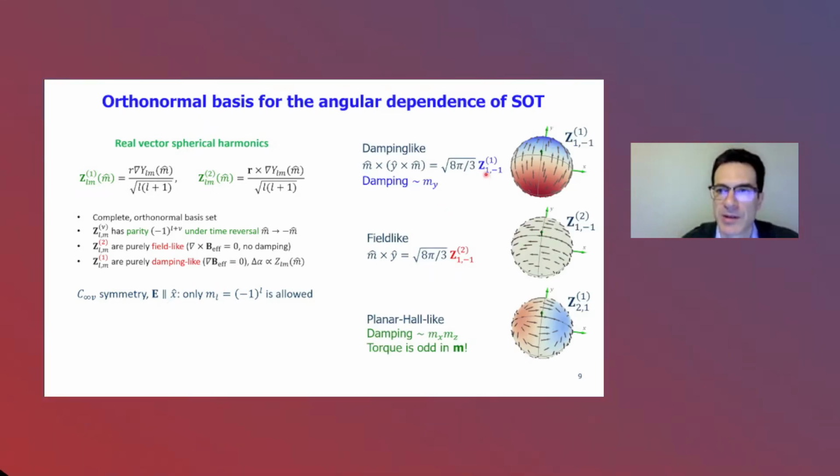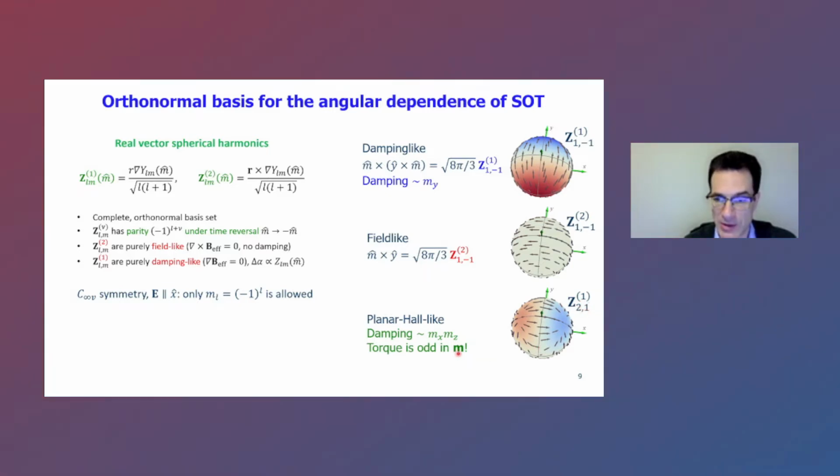So these are the first few harmonics. The 1, minus 1, type 1 is the damping-like, and the color here shows the contribution to damping. So it's proportional to m_y for the damping-like, this lower harmonic. The field-like torque is the lowest-order allowed harmonic of type 2. And then we'll also meet the planar-Hall-like harmonic, which is shown here. It's type 1, indices 2, minus 1.